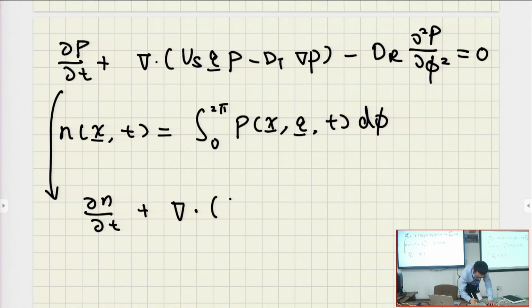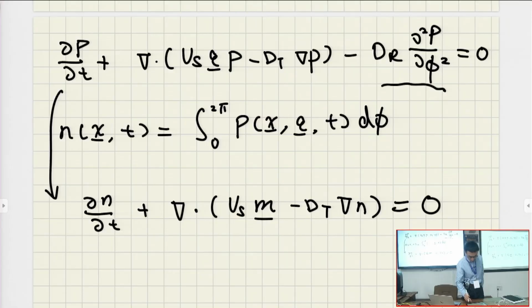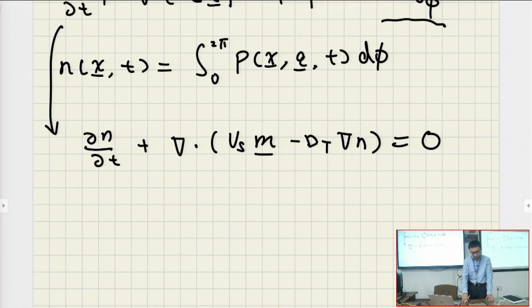Okay, so in 2D, it's quite straightforward to see that the integral of the last term vanishes because all the functions are periodic in orientation space due to the geometry. So we're left with this equation. And in writing down this equation, we introduced a new term, which we don't know yet.